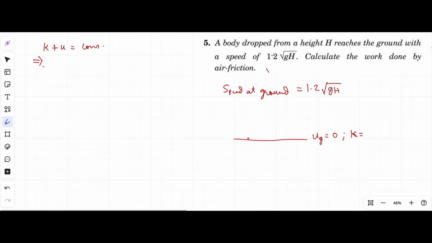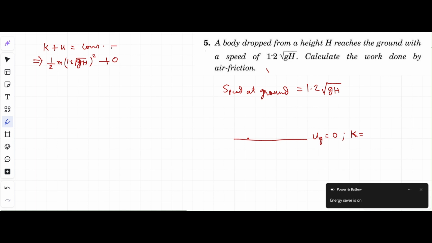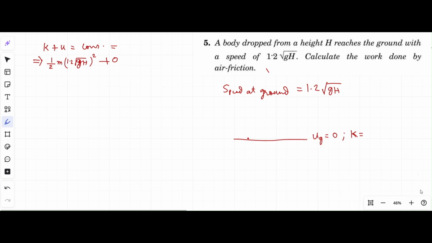So here we can do K plus U, where K is half mv square, with v square being (1.2 root gh) whole square, plus, since potential is 0, which is equivalent to the work done.